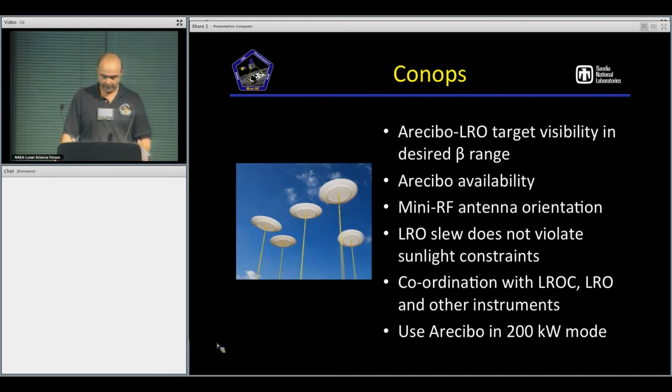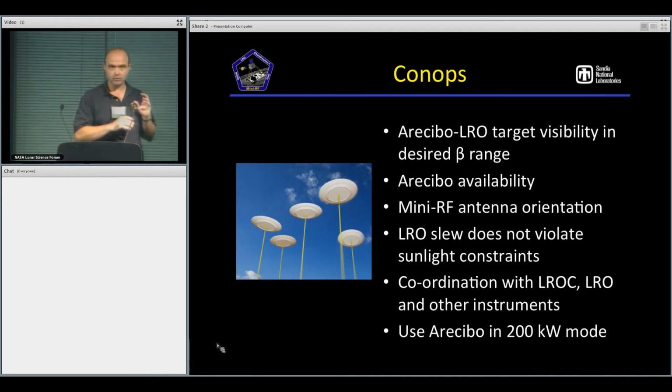We then also have to check on Arecibo availability. Arecibo is very heavily utilized, it's a very good science asset, and we're very lucky to get time on it. We also have to check that with Mini-RF, we can orient the spacecraft such that we can point our beam. It's not just a case of a vector. The orientation of the antenna has to be such that, for example, no part of the beam crosses the ground track.